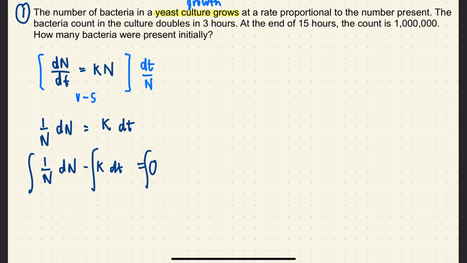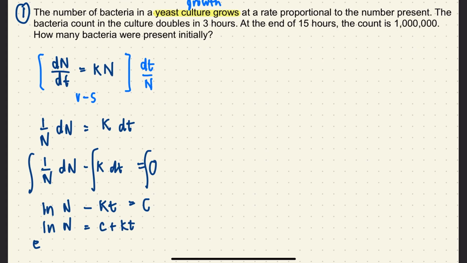So this becomes ln of n minus kt is equal to c. And then if we put kt on the other side, this gives us ln of n is equal to c plus kt.